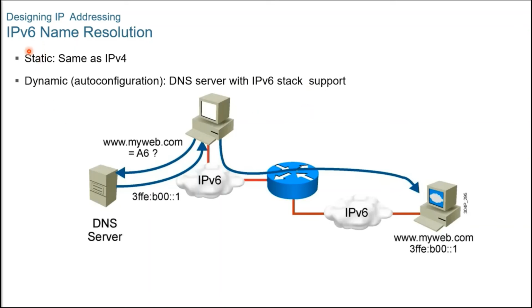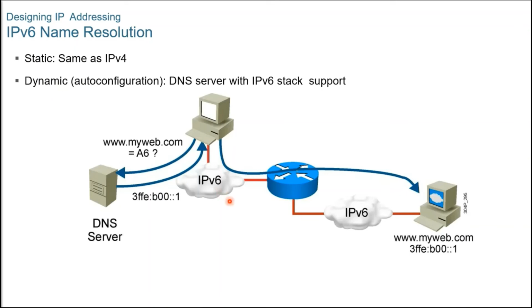Now for the IPv6 name resolution, it's either static or dynamic. Static name resolution is accomplished by manual entries in the host's local configuration files. Dynamic name resolution is accomplished using a DNS server that supports IPv6, usually along with IPv4 support.